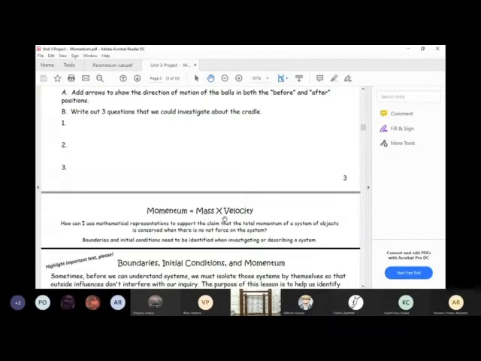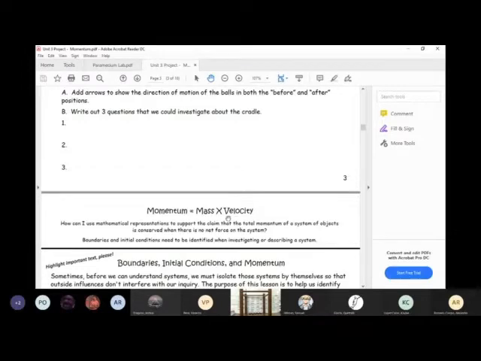Mass, we will manipulate the number of balls that we drop, and that will change the mass, which in turn should change the momentum. For velocity, unfortunately, we do not have a way to measure this directly, how fast the balls are moving. If we had a radar gun, we could measure it, but we don't.